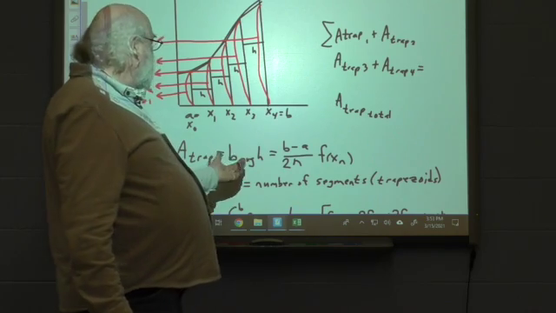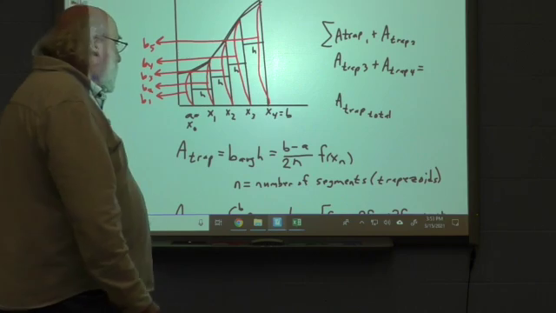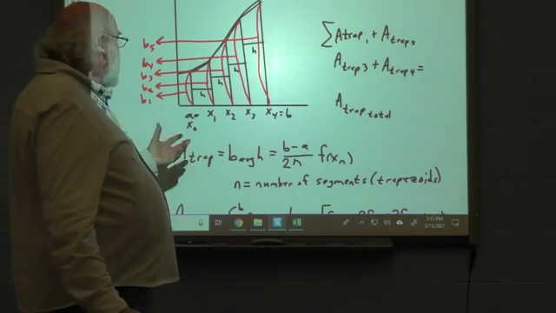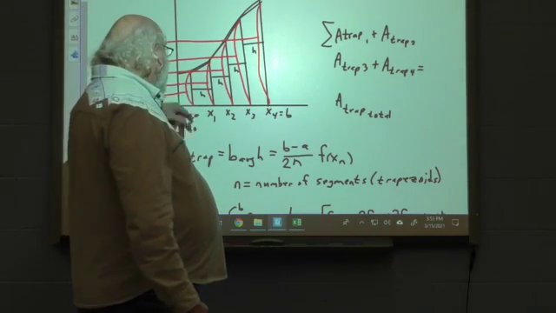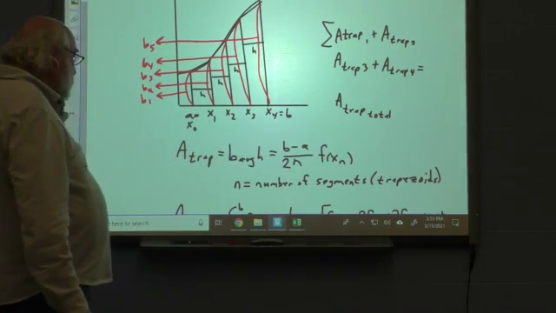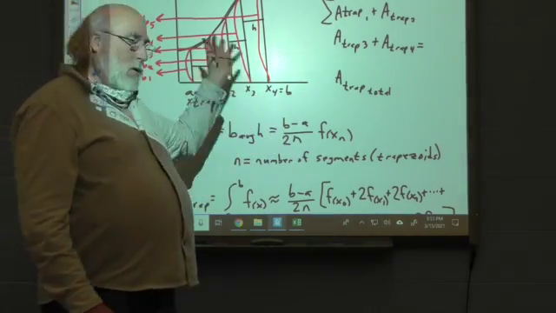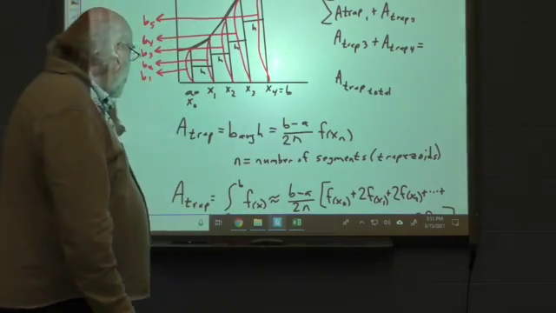And then because it's an average, this is going to be 2N instead of N. And that's going to be multiplying by our Y value, which is going to be the function of X. So N is the number of segments that we split this evenly into, despite what my drawings look like.